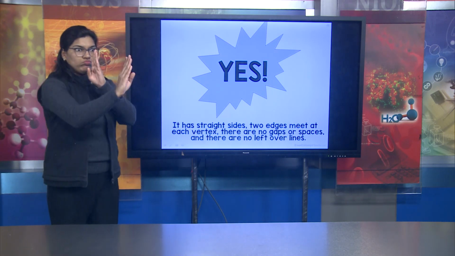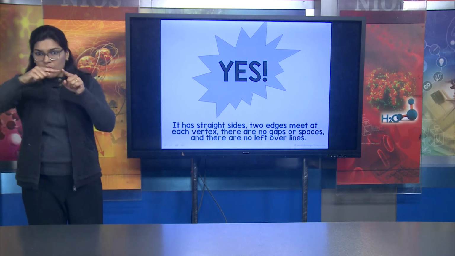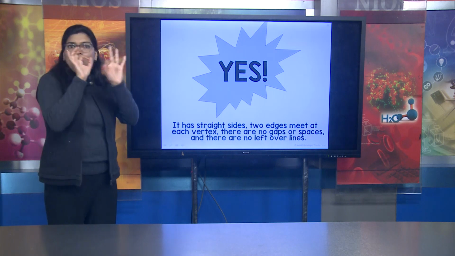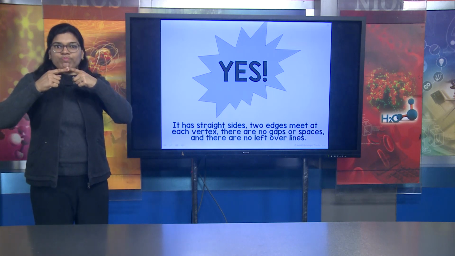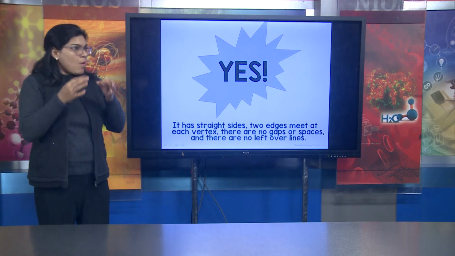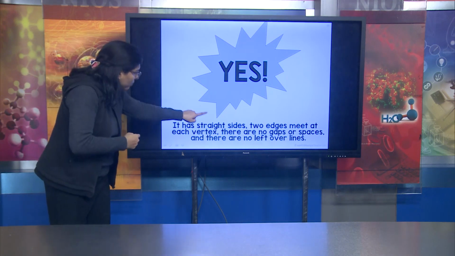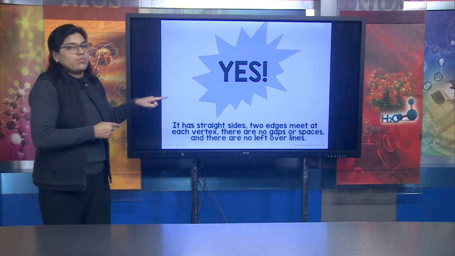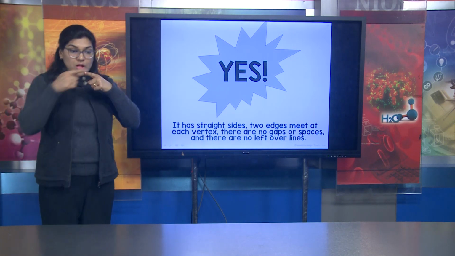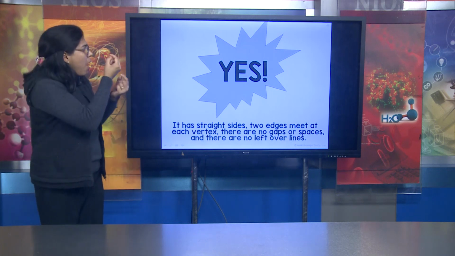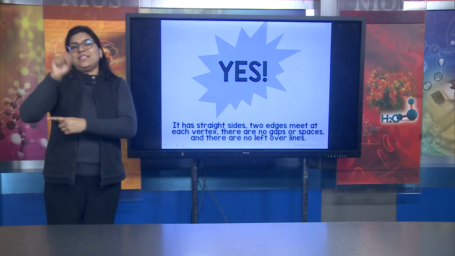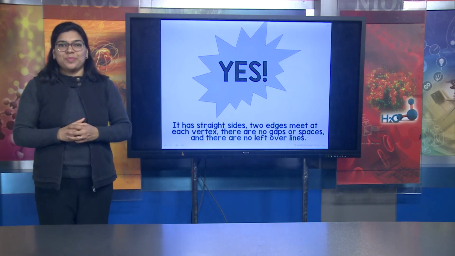All the lines which we can see are straight, right? Perfect straight lines. And also the vertices are without any gap. There are no gaps or spaces, and also there are no leftover lines. So it is a polygon, yes.